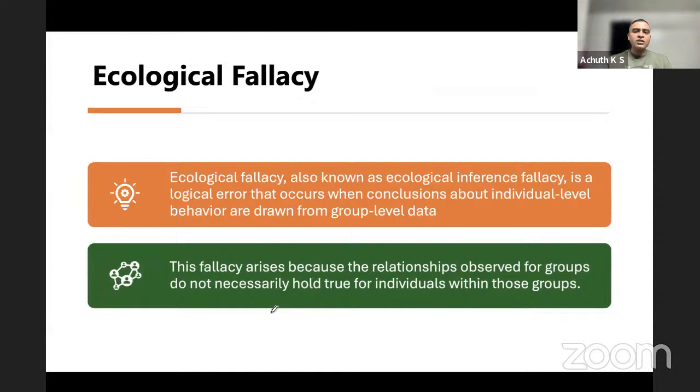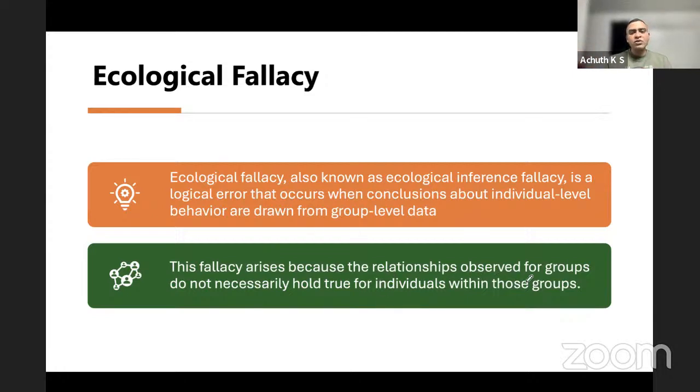What is ecological fallacy? Also known as ecological inference fallacy. It is an error. Okay, it is an error that occurs when conclusions about the individual level and the behavior are drawn from the group level data. When you take data from every individual person and you take the data from the higher level, the difference or the error which occurs is called ecological fallacy.